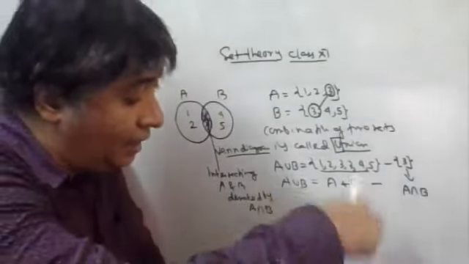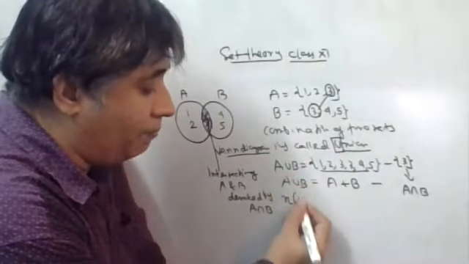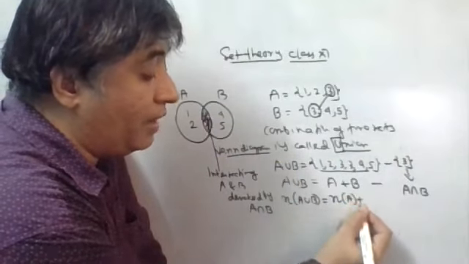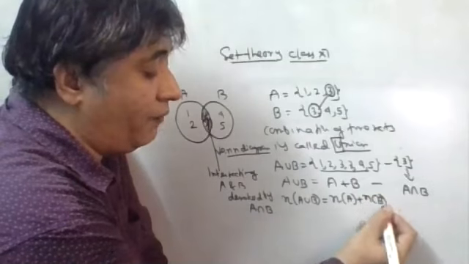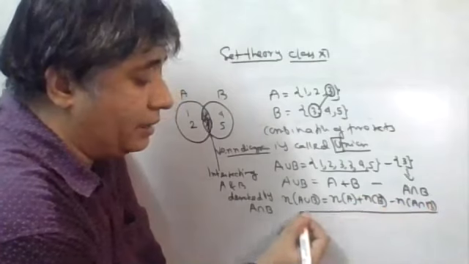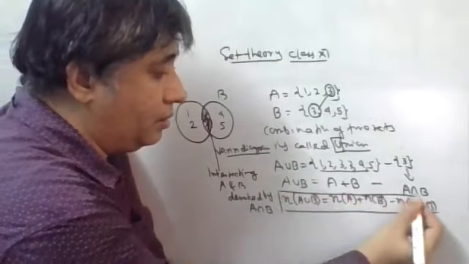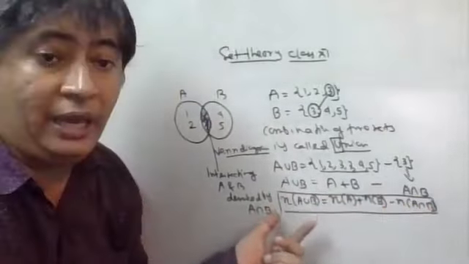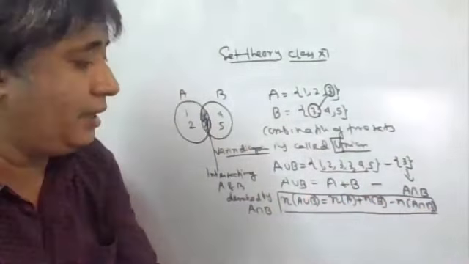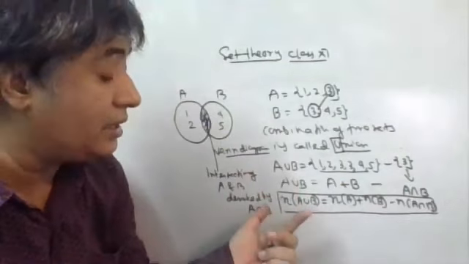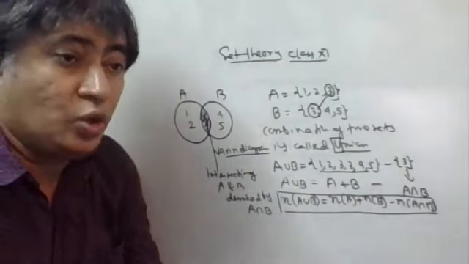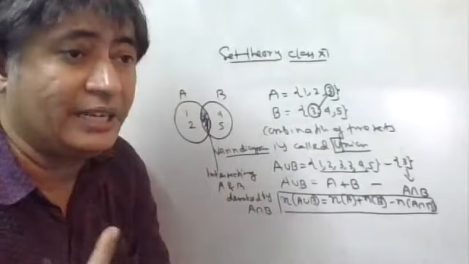Now, by cardinal number, I can express it. Number of elements in A union B is equal to number of elements in A plus number of elements in B minus number of elements in A intersection B. Okay? n(A union B) = n(A) + n(B) minus n(A intersection B). This is one important property which will rule probability even later.